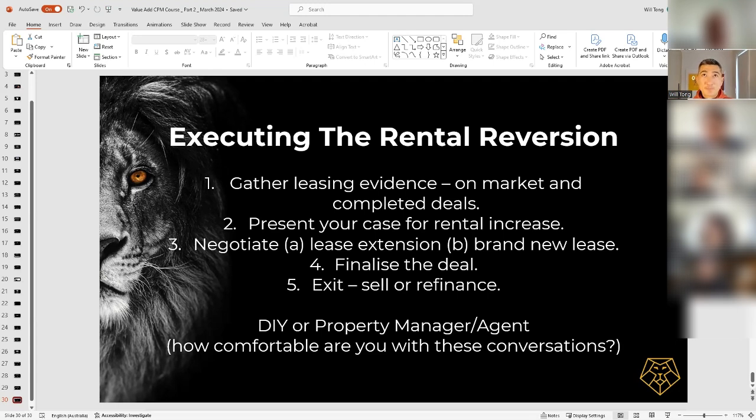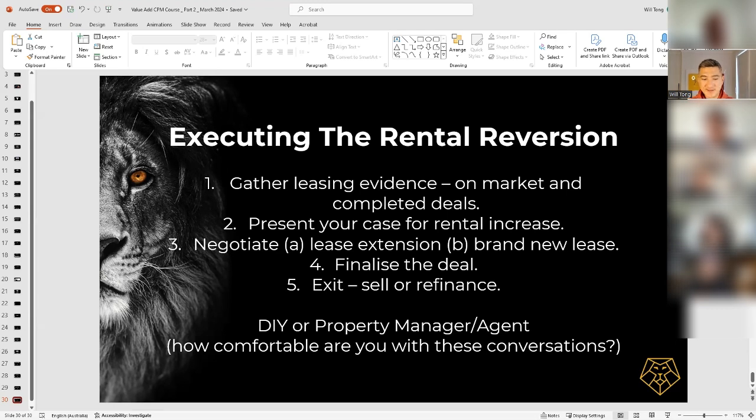Another way to look at it is I also like to look at the market range in that market. Say brand new properties in that market are leasing for 250 a square meter, whereas your property is an established property, maybe 20 years old, and you're only leasing it for 200, 220.